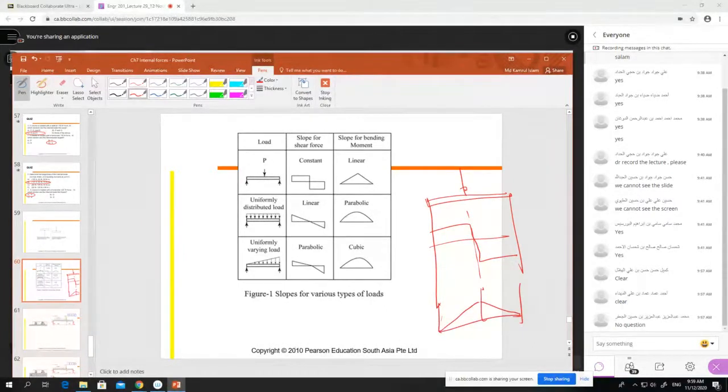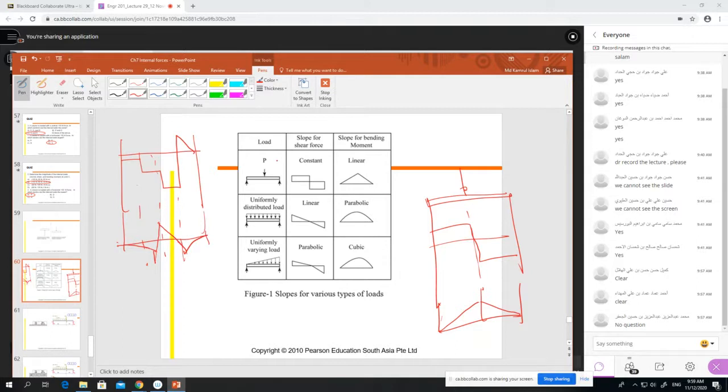Just two minutes ago we drew the shear force diagram, and then the bending moment diagram was like this, then this, then like this, right? We have drawn the bending moment diagram.